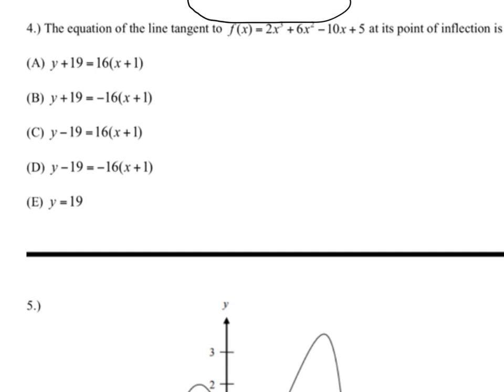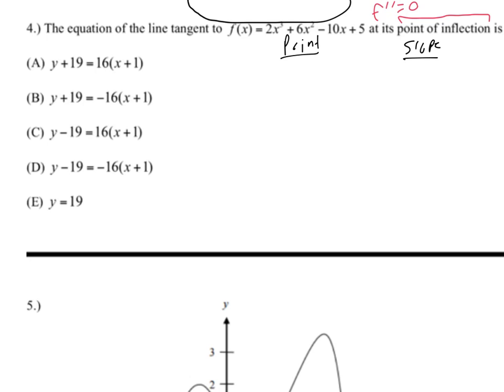The two things that we need to write the equation of a line are a point and a slope. We also want to write the equation of this line at the point of inflection, so when the second derivative is equal to 0. So let's find the second derivative.